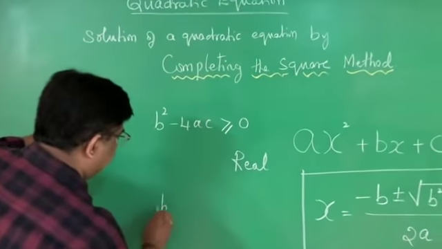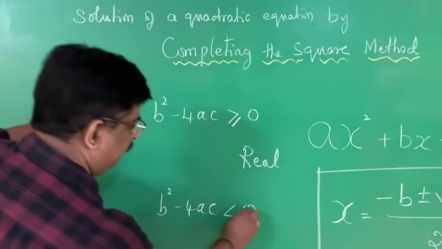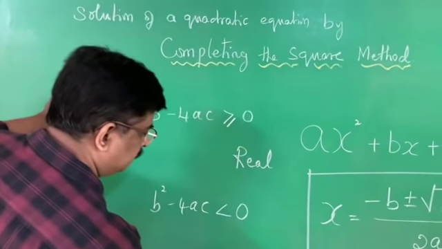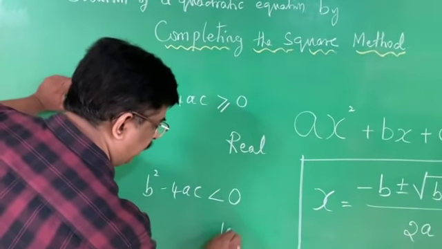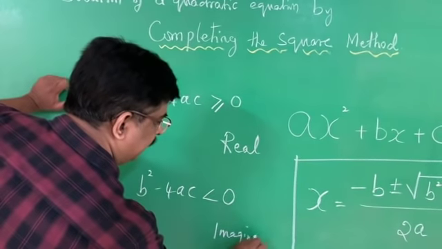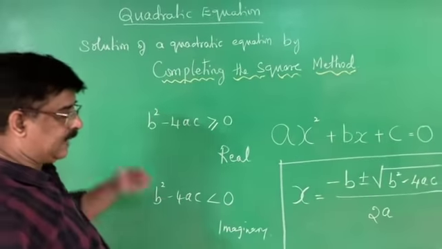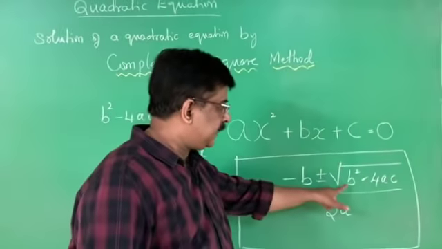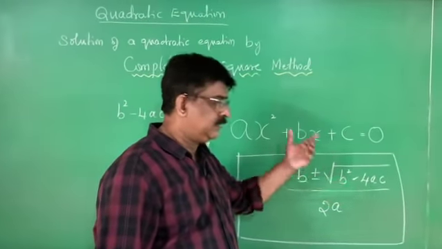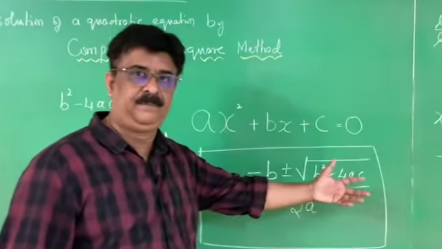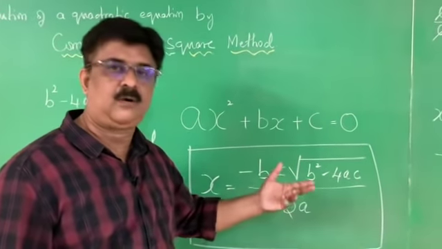If b square minus 4ac is negative, less than 0, roots are non-existing or imaginary, not real. Therefore, always after solving you have to see that inside the square root there should be a positive number. If it is a negative number, roots are non-existing. If it is positive, roots are existing. Existing numbers are called real numbers.